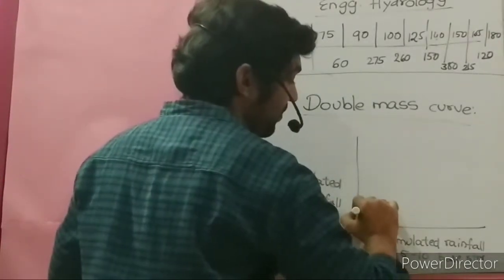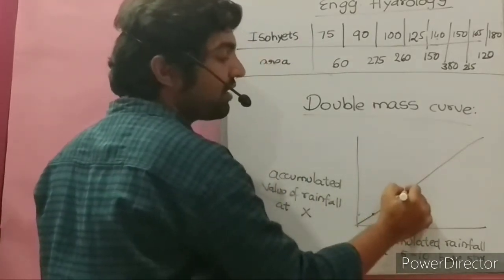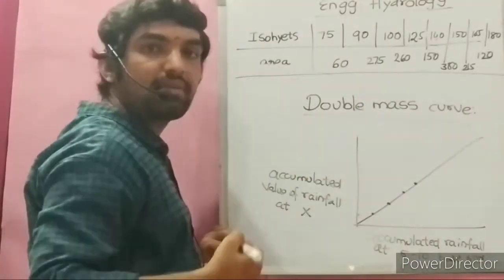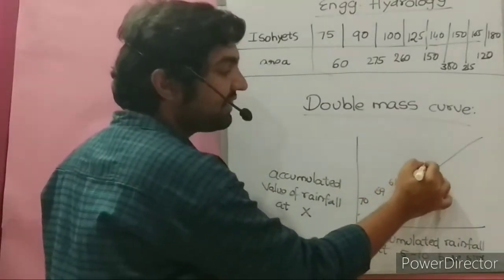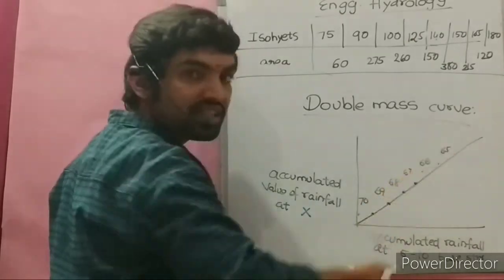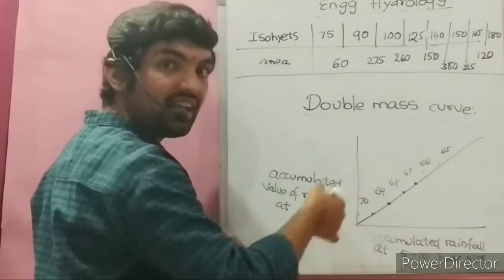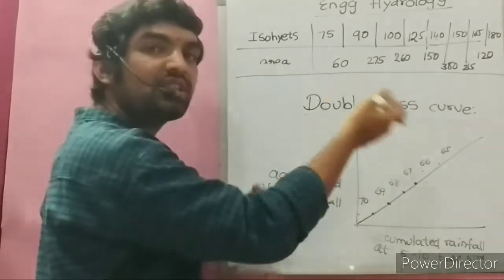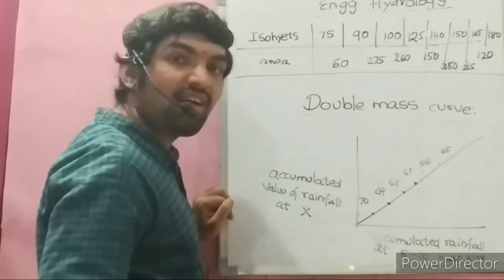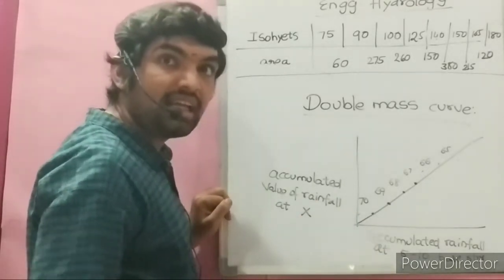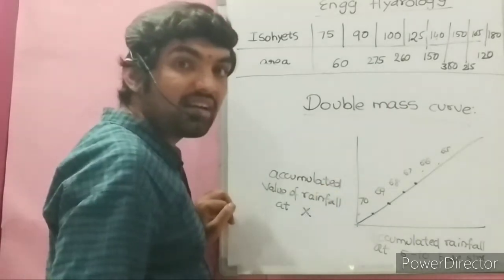Plot the data in reverse chronological order. Reverse chronological order means 1970, 69, 68, 67, 66, 65 like that. Chronological order means 65, 66, 67, 68, 69, 70 like that. This is reverse chronological order. While doing a survey, people do a chronological survey; in water supply engineering and environmental engineering, you study the concept of chronological survey there.